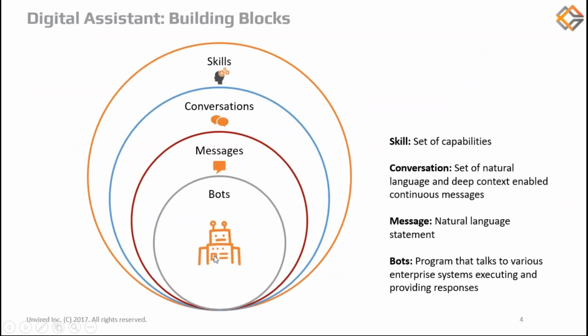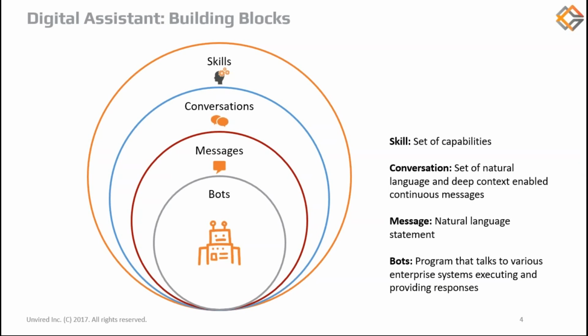So before we go ahead and look at Chyme Digital Assistant for Help Desk deeply, let us understand what the digital assistant is, especially when there are multiple definitions of digital assistants and chatbots going around. So what is the definition of our digital assistant?